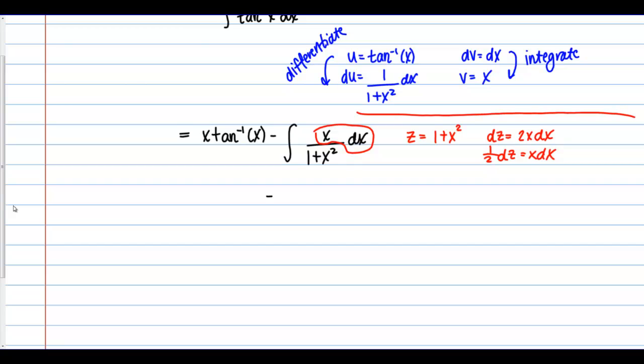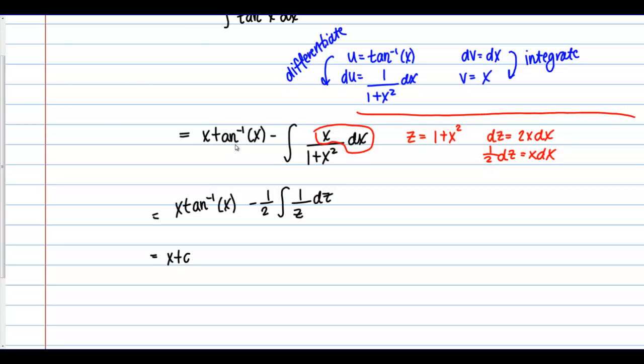Let's just work on this integral for a second, and then we'll carry down this other part of the expression. If I make my substitution, this is going to turn into a factor of 1/2, and I can put that out front of my integral. And then inside, I'm going to have 1 over z dz. And I'll bring down this x inverse tan of x.